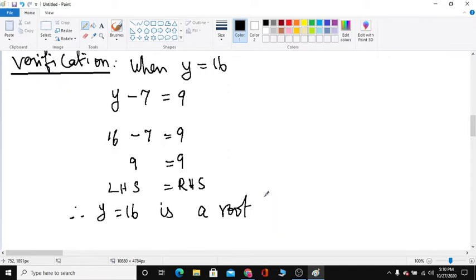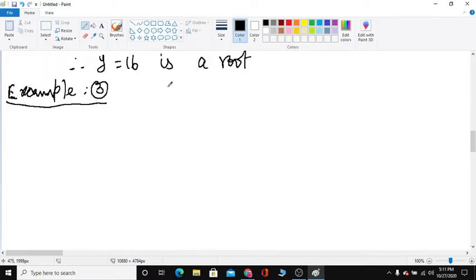Now example 3. It is on page number 62, children.